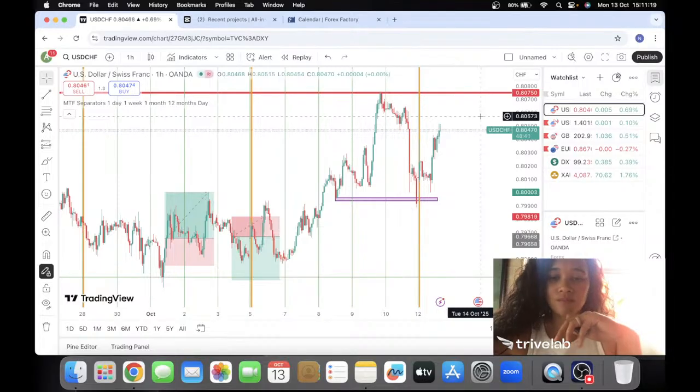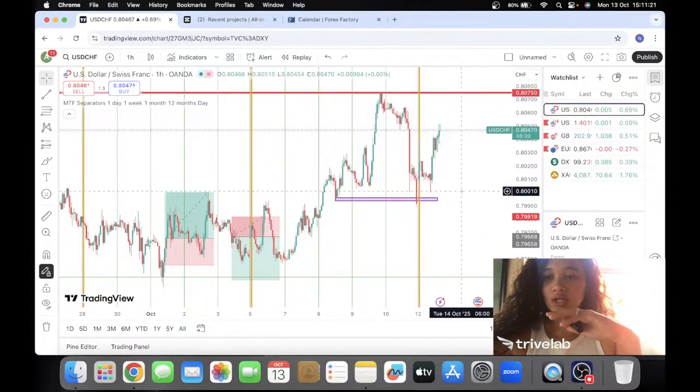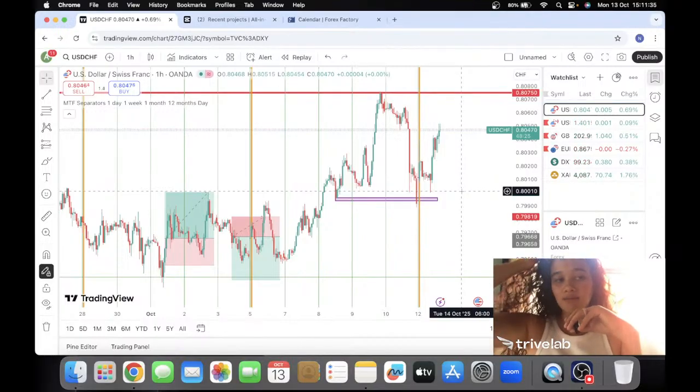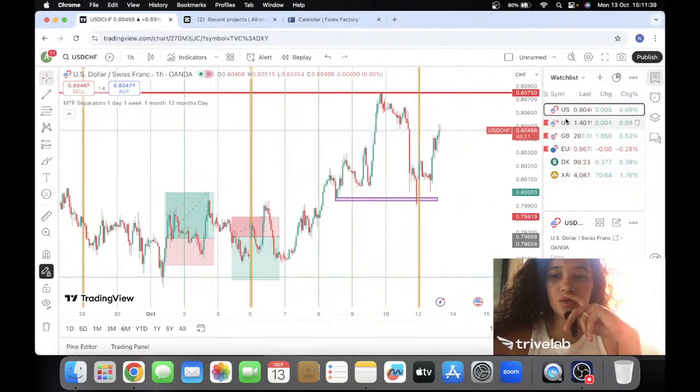You see that? So yeah, I'm not looking at USD CHF at all. My overall bias on this one is going to be bearish. So if it wants to create a continuation bullish further up, that to me is just a quick correction, not long term. I'm not hopping in on that trade. So yeah, I'm not looking at that one at all.